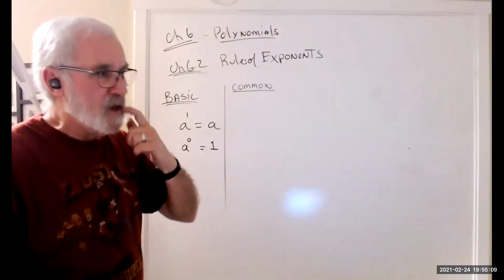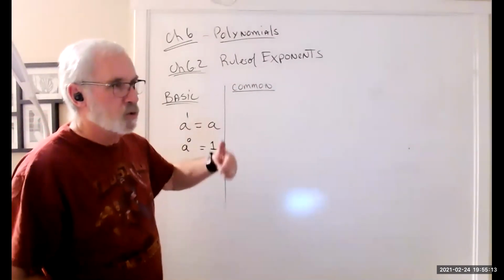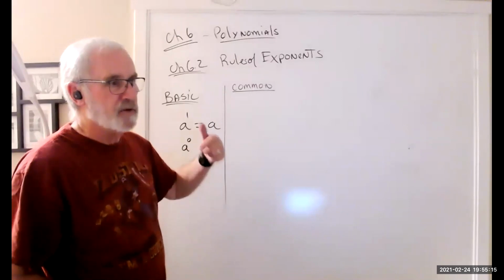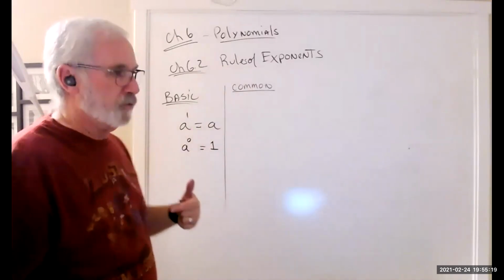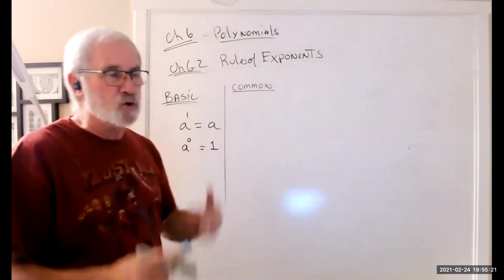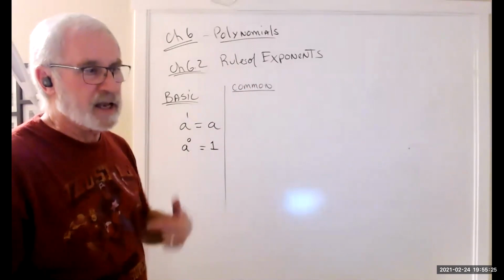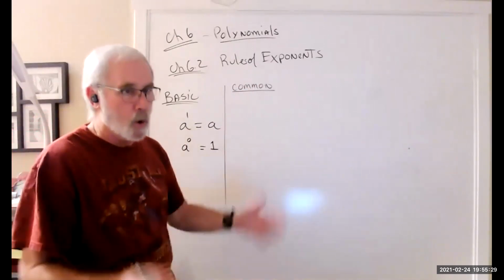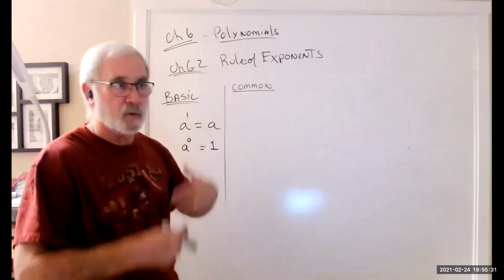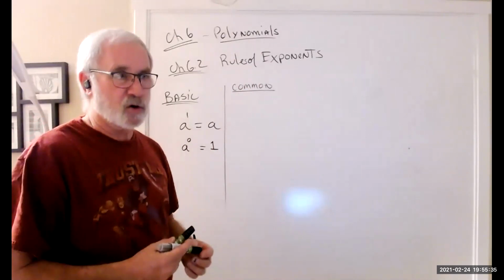They teach you in the order of these rules, in the order of easy to difficult. I'm teaching you the rules in the order of how you should do them in a problem. This is kind of like the PEMDAS of exponents. Remember, PEMDAS says, what do you do first? What do you do second? What do you do third? That's what I'm teaching you.